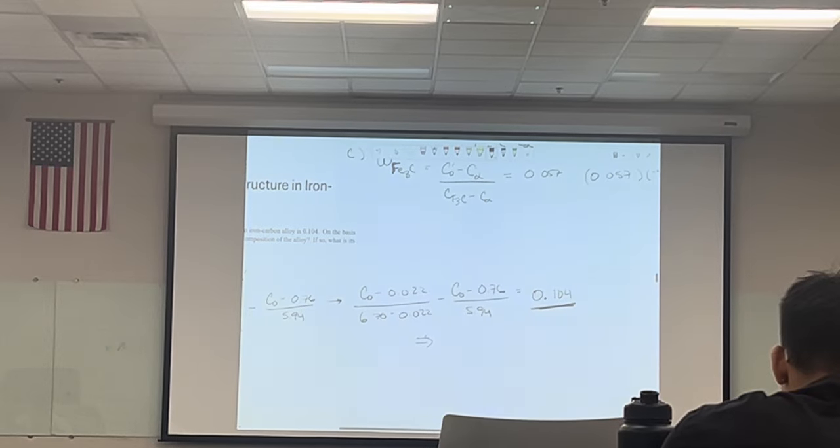So then at this point, we can solve for C naught. Once you figure out this here, you can find your C naught, and that C naught is going to give you 1.1%.